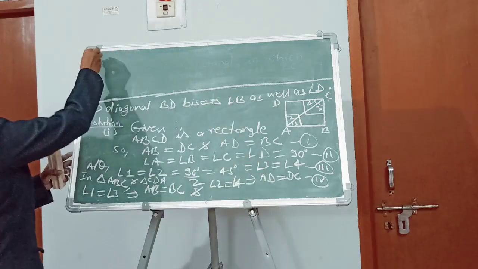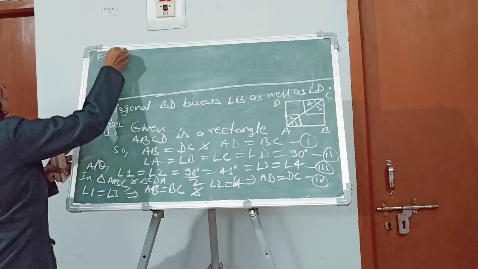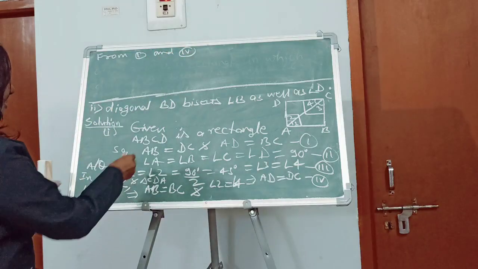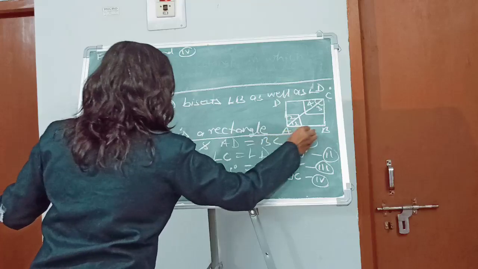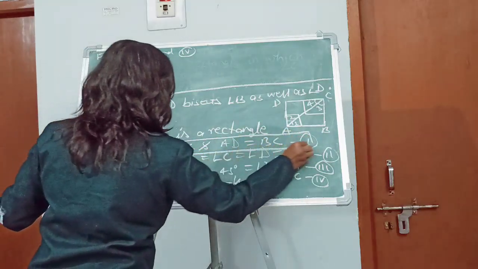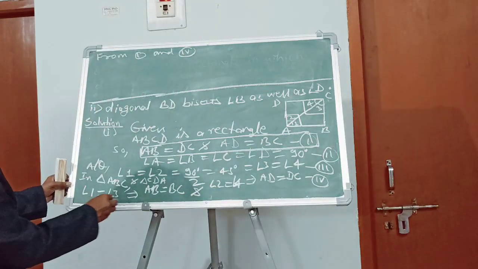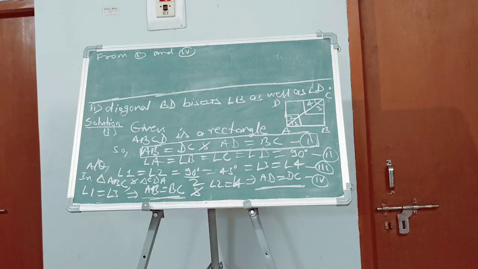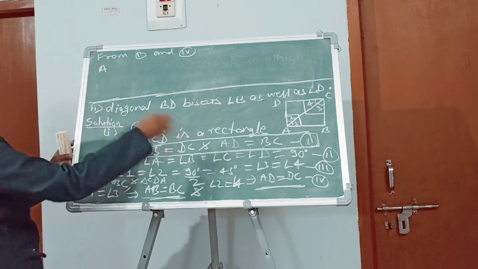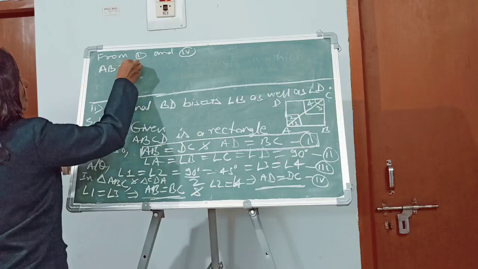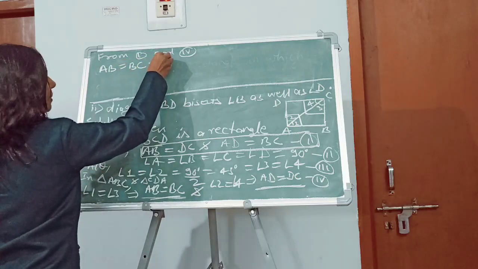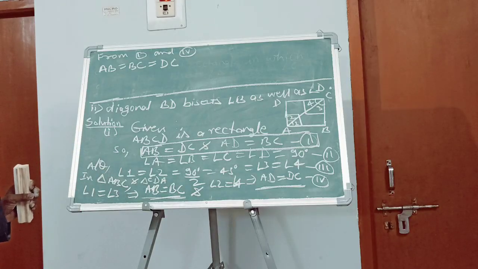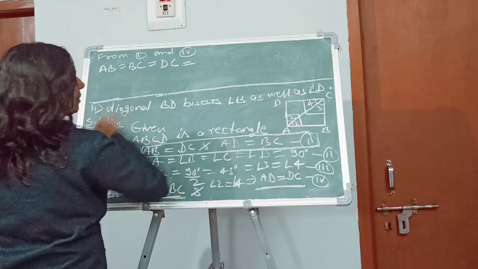So from first and 4, this is first, this one, and 4, this one. What we are getting? We are getting AB is equal to BC is equal to DC is equal to AD.